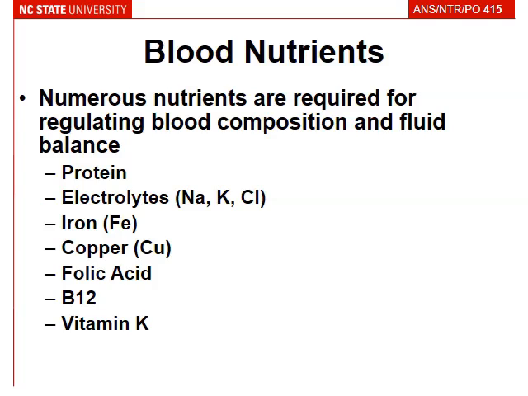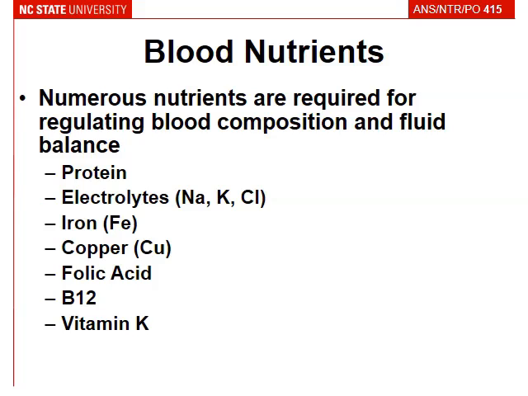We have protein that's needed, that's going to be making serum albumin, and various acute phase proteins such as serum amyloid A and C-reactive protein.